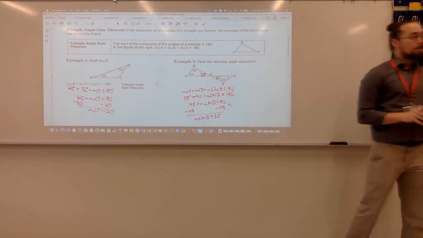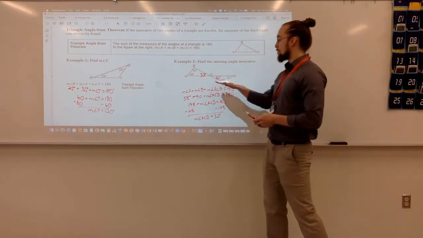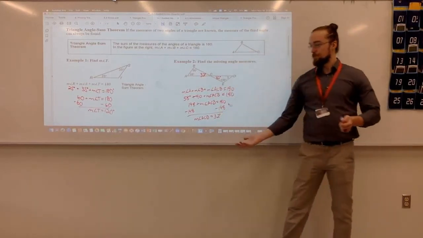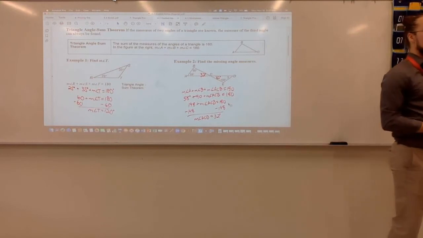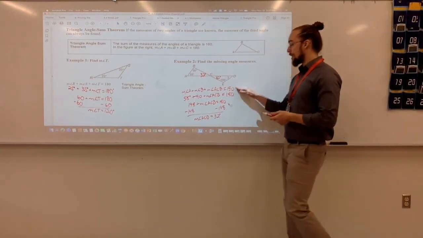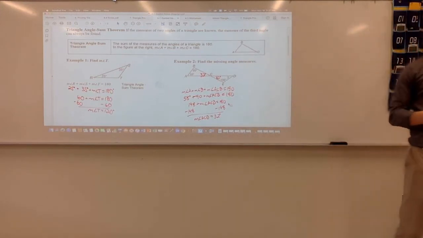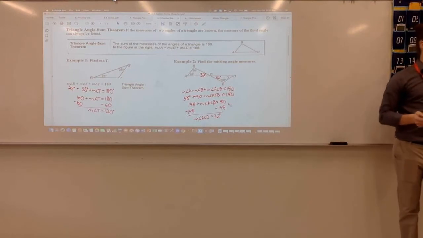Do I have to go through all that process, or can I simplify it? The reason that I want you to go through this process is because we're going to work with variables here in a very short time. So if we get in the habit of writing it out like an equation here, it's not going to be any different when we write it out with variables.